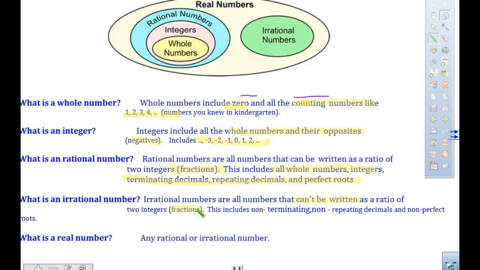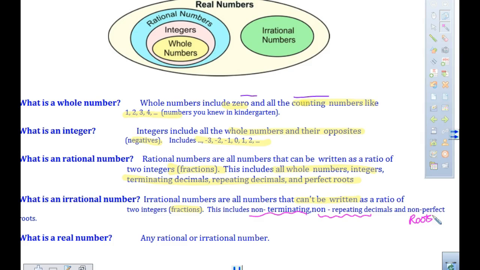If I'm looking at irrational, it cannot be written as a fraction. But more importantly, it includes non-terminating, that means decimals that never end and never repeat, and my non-perfect roots.